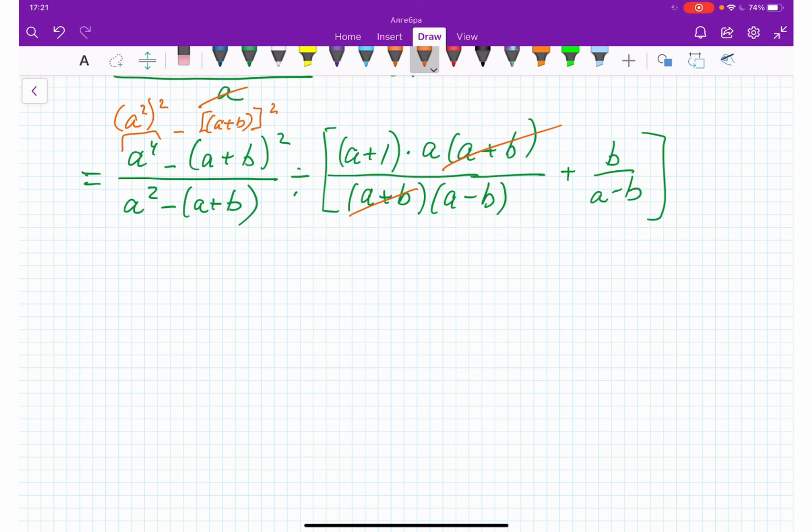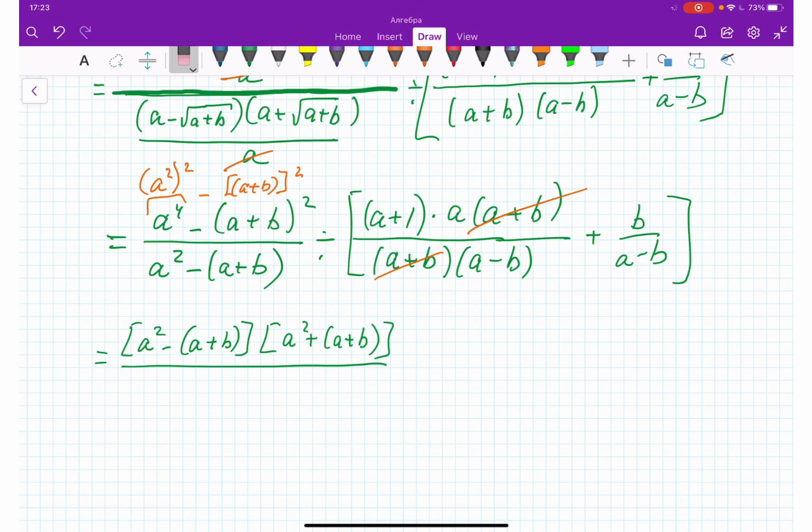So I'm going to open it as a squared minus a plus b, and then times a squared plus a plus b. And we divide by, so in the denominator we open a squared minus a.